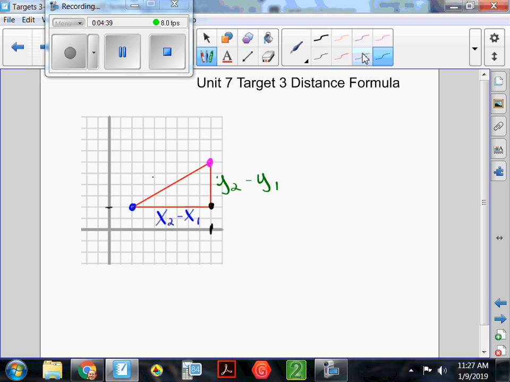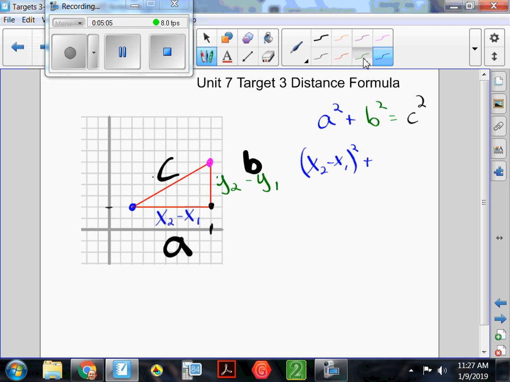So using the Pythagorean theorem, I can take my A and my B and my C and set up the Pythagorean theorem. The Pythagorean theorem says a squared plus b squared equals c squared, or the two legs squared add together to give you the square of the hypotenuse. So this A is going to be x sub 2 minus x sub 1 squared plus b, y sub 2 minus y sub 1 squared.